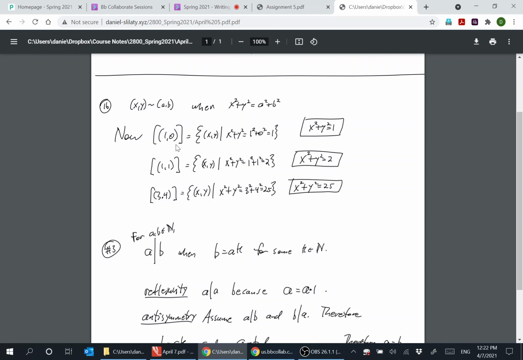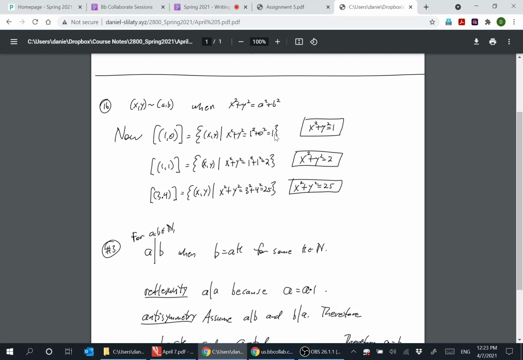Now when you want to look at these equivalence classes, like the equivalence class of (1, 0), that's the set of all (x, y) that's related to (1, 0). In other words, x squared plus y squared is equal to 1 squared plus 0 squared, which is 1. Well, there's only a few integer points that actually satisfy that.